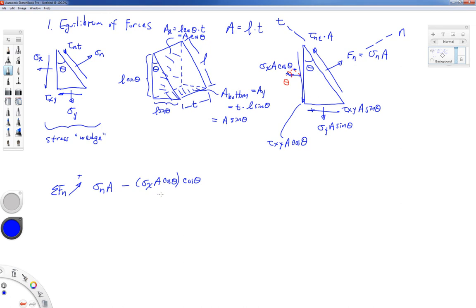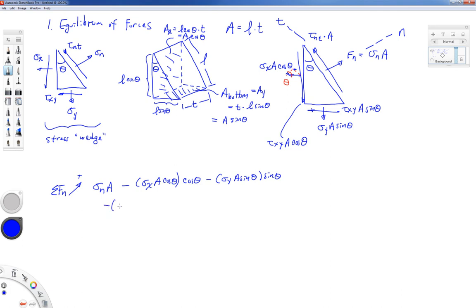So in the bracket is the force, and then this is a component of that force. Now, each of these other forces that act on this wedge can be broken up into components in the n and the t direction. I'm going to let you complete that, but I'm going to write down the formula that we get. For the force on the bottom pointing vertically down, I have sigma y A sine theta times the sine theta component.